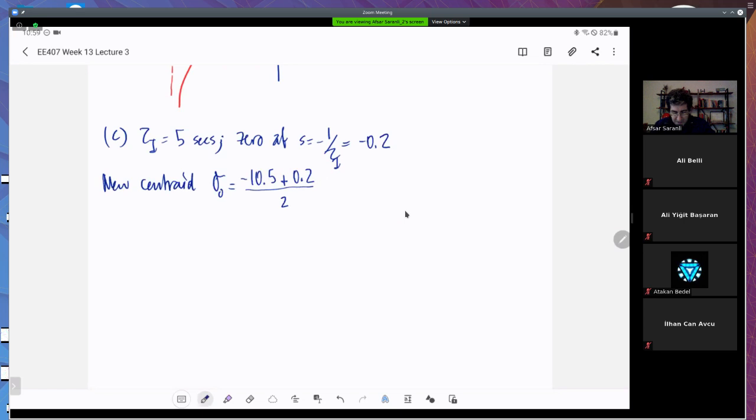So what's going to be that value? It's going to be minus 4.25. Sorry, 0 at 0.2. Yes, it is, I believe, at minus 4.25.